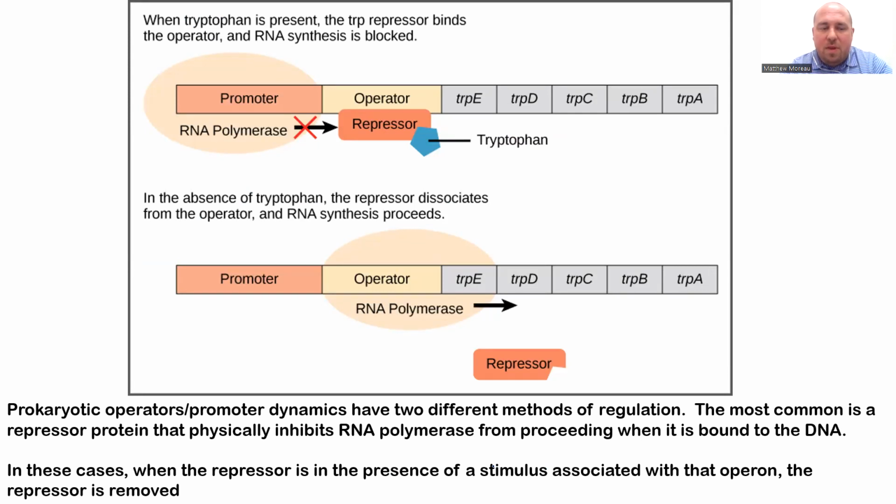So, when we're thinking about some examples of this, we've talked so far about this concept of an inducer, or a chemical modifier which causes induction or repression.